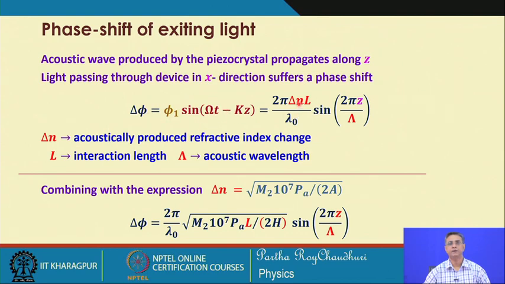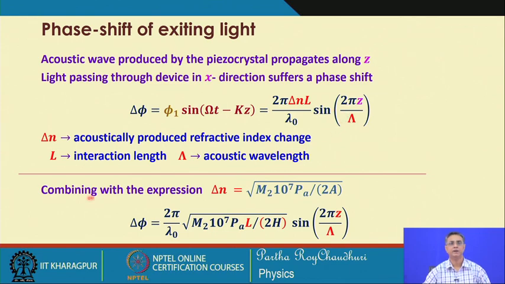So, therefore, this delta phi will come, which is equal to phi 1 sin omega t, where phi 1 is 2 pi delta n, the peak change in the refractive index, multiplied by L and divided by lambda 0, that is k0 delta n into L. So, this phi 1 is the amplitude being modulated by this acoustic frequency. Length L is the interaction length, that is the width of the acoustic wave through which the optical beam travels, and capital lambda is the acoustic wavelength.